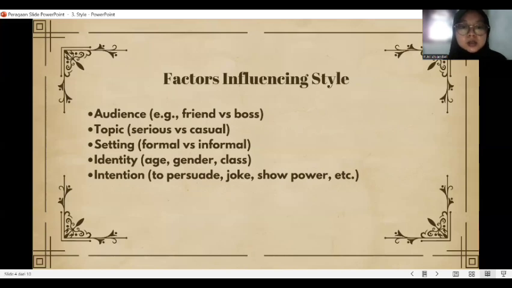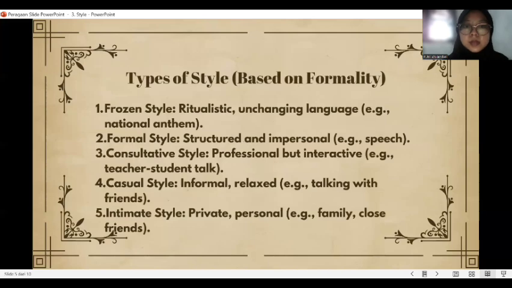Setting is where you are. Are you at work, home, a ceremony, or online? Identity is age, gender, class, education, and culture. And intention is to persuade, show power, etc.